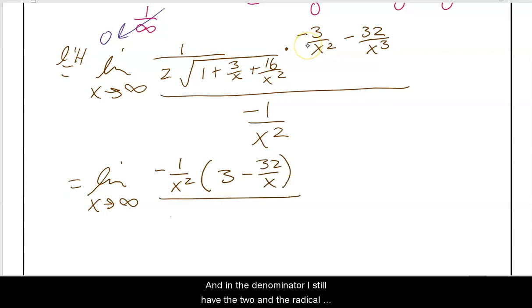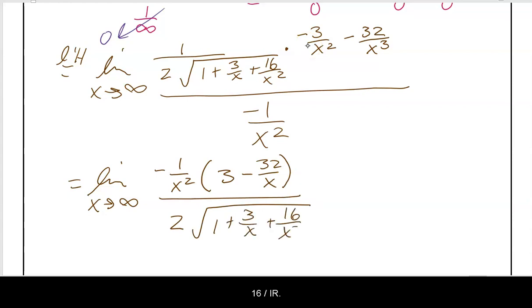And in the denominator, I still have the 2 and the radical, 1 plus 3 over x plus 16 over x squared. And then remember that division by a fraction is multiplication by the reciprocal. So that would give me times x squared over negative 1.